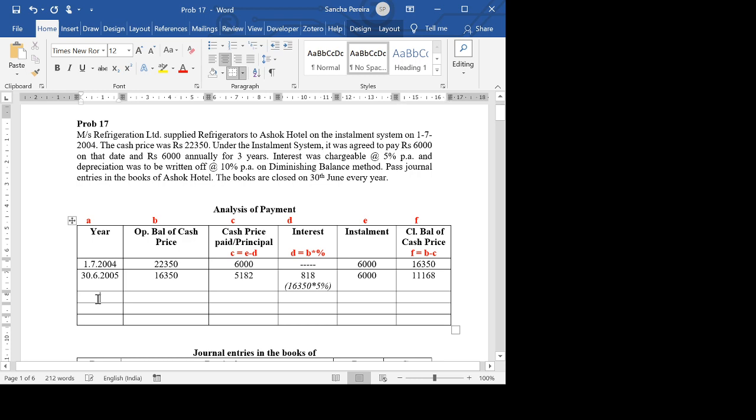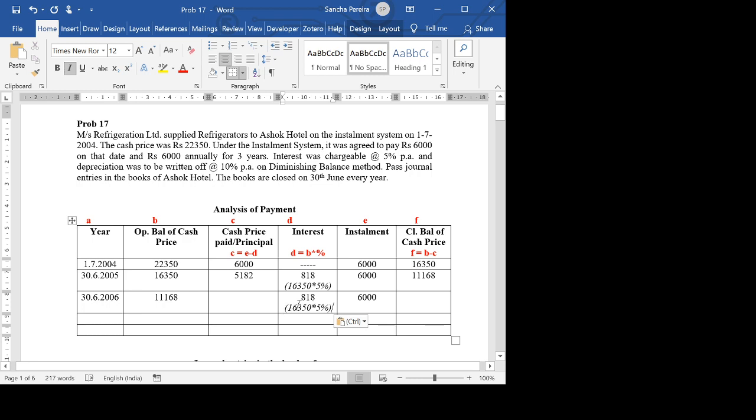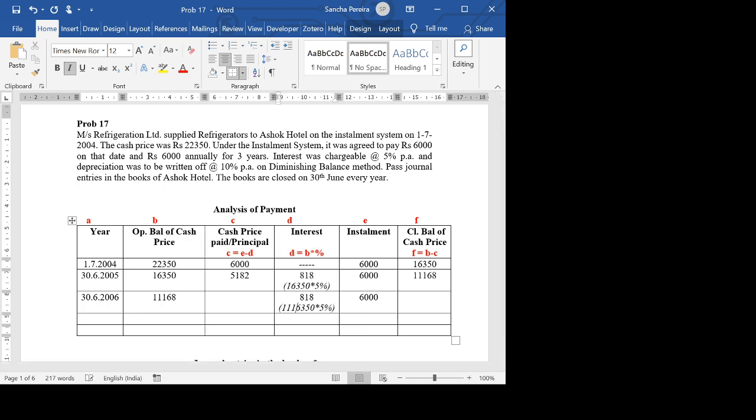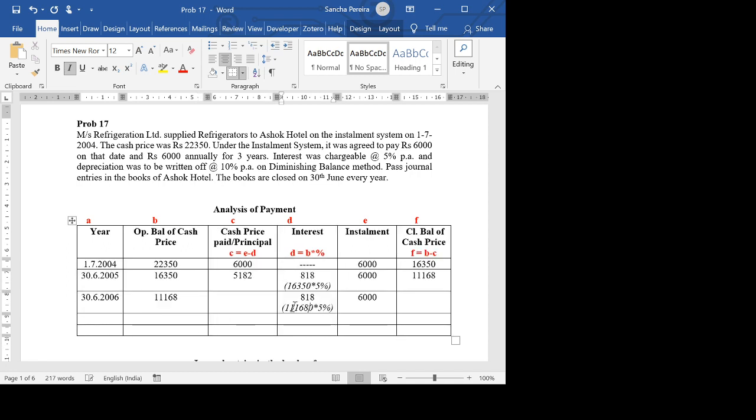Okay. We go to the next one, 30th June 2006, 11,168. We have 6,000 here. So now it's on 11,168 into 5% comes to 558.